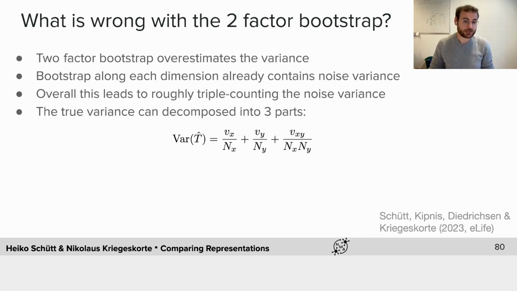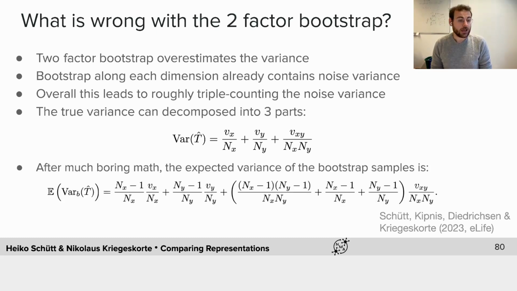So more formally, this looks like this. We can split up the variance for our estimates into one which is due to the subjects, one that is due to the stimuli, here y, and an interaction or measurement noise term. So any kind of variance that is not explained by either of the two. And if we do all the boring math, which is just rearranging squares, it's relatively simple math, you can actually derive what the actual bootstrap variance is.